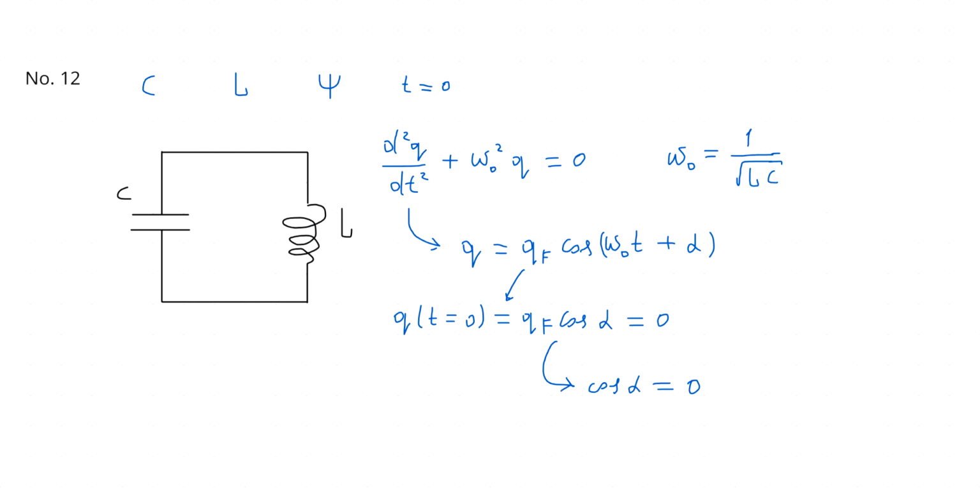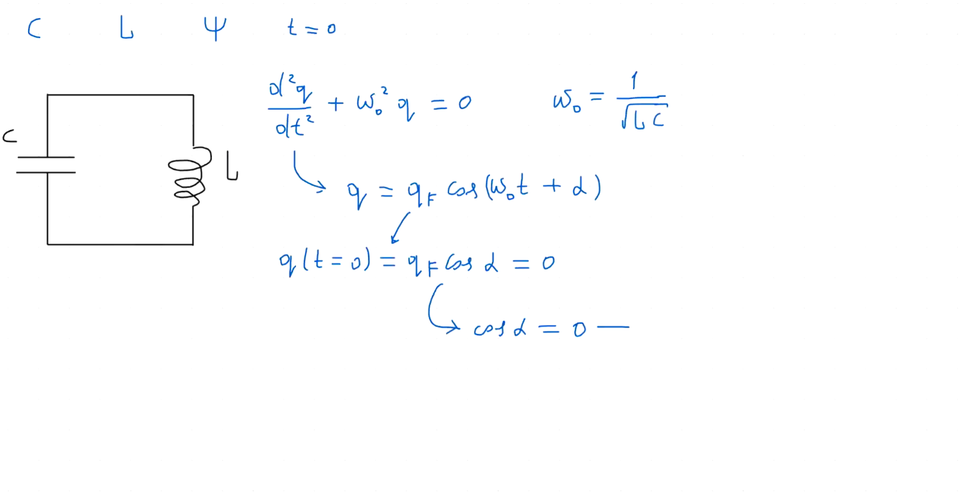Maybe you can remember how to get alpha from this equation, cosine alpha is equal to 0.